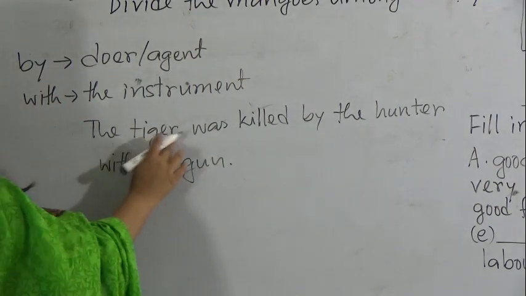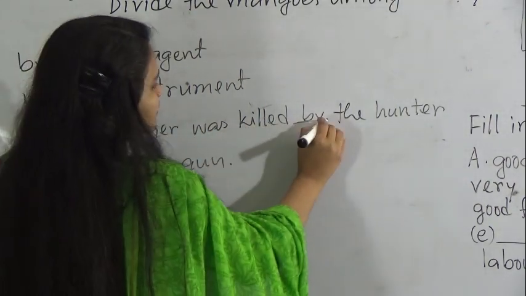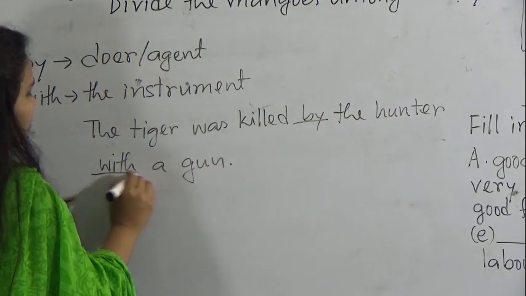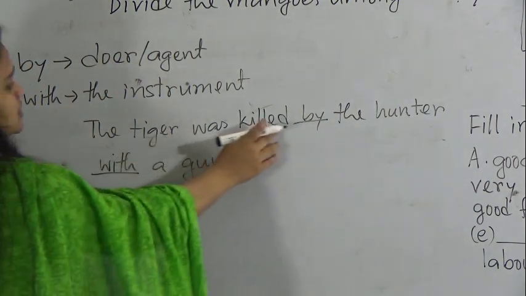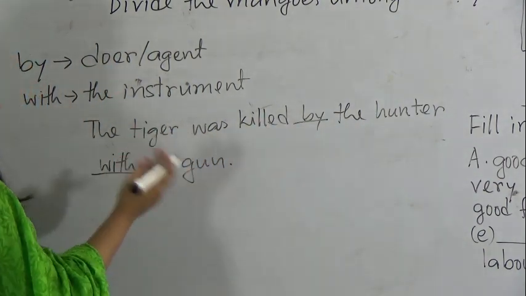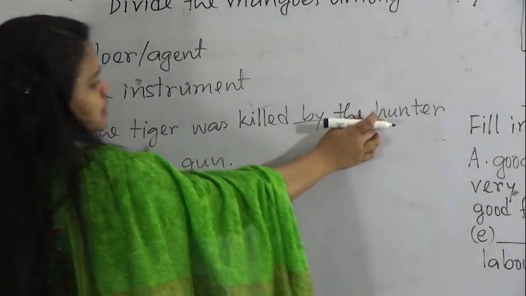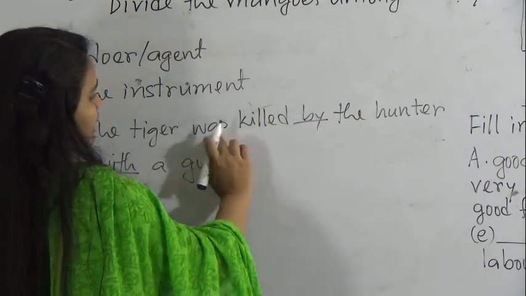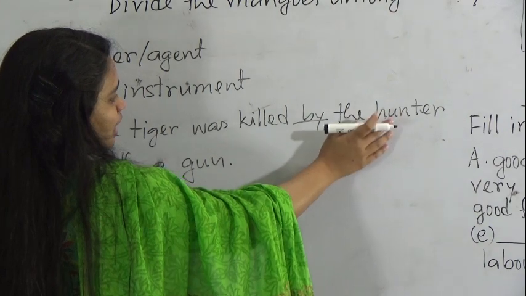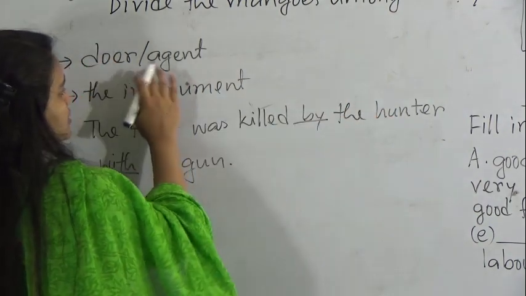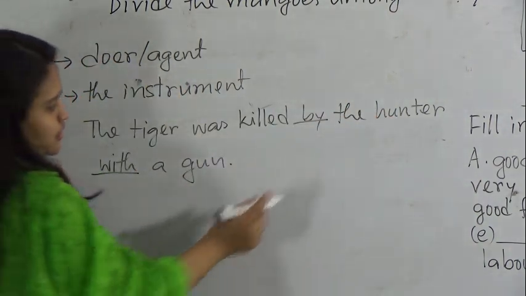Now look, the tiger was killed. So who is the agent here? The hunter is the agent here. That means the tiger was killed by the hunter. So the hunter killed the tiger. So he is the doer or the agent.